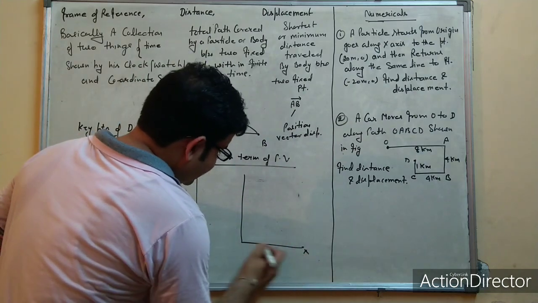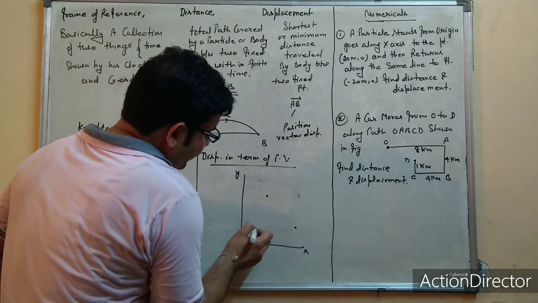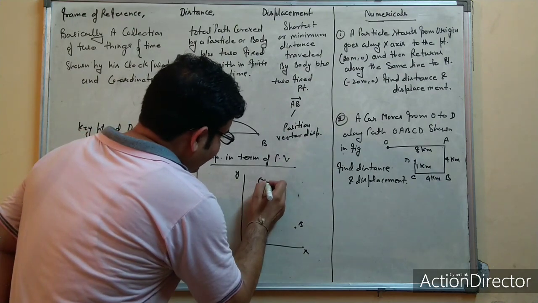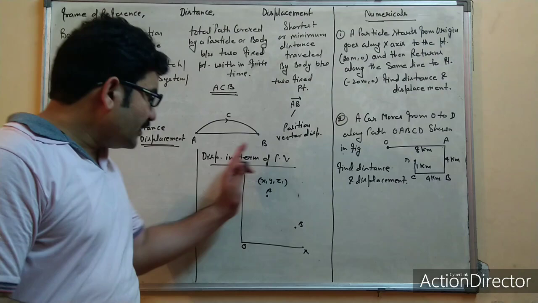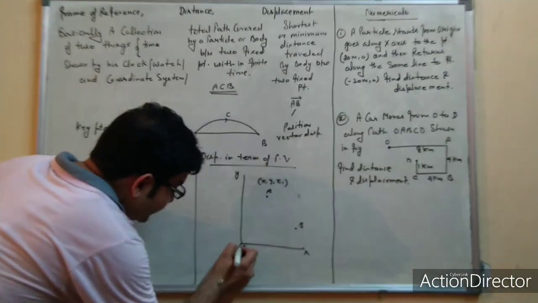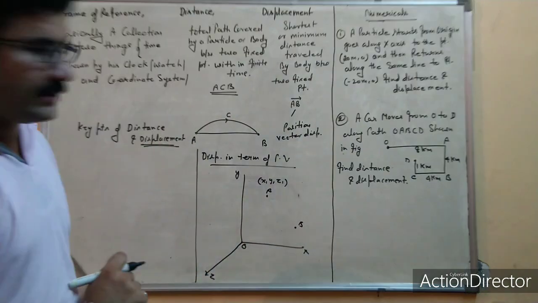Suppose this is the x-axis, this is the origin, and this is the y-axis. If we select two points A and B, the coordinates of A are x1, y1, z1. This is in a plane, but if you take this one then it is in space.